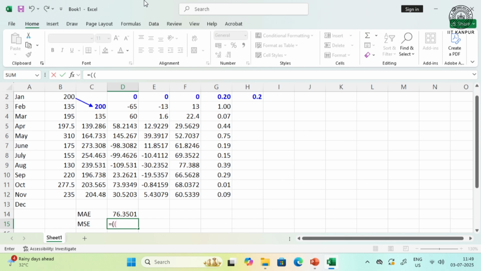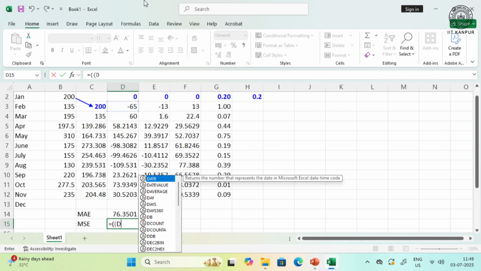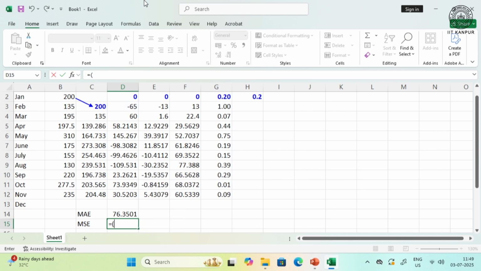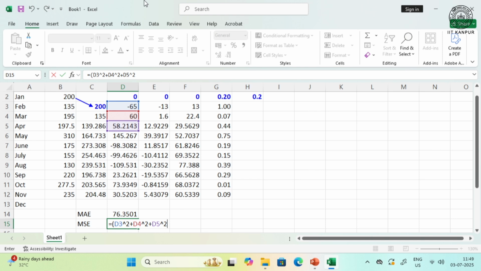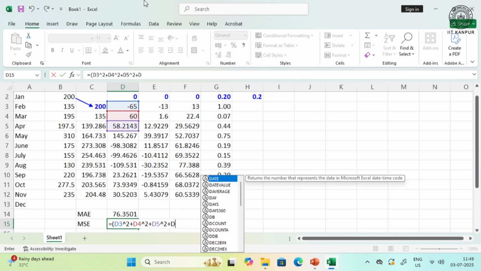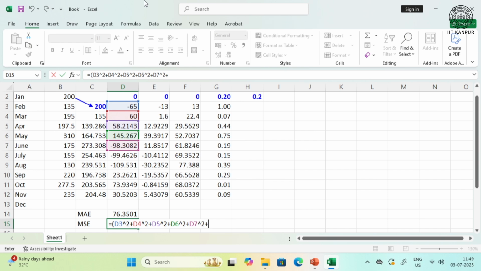So, this first is basically the values of the errors being squared. So, I can basically find out D3 whole square plus D4 whole square plus D5 whole square plus D6 whole square plus D7 whole square plus D8 whole square.